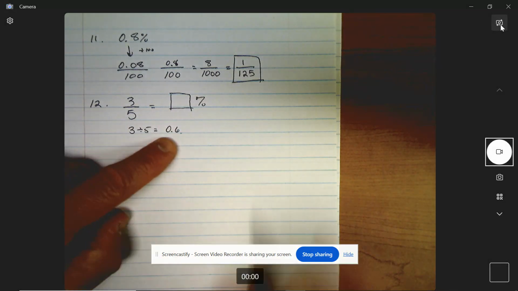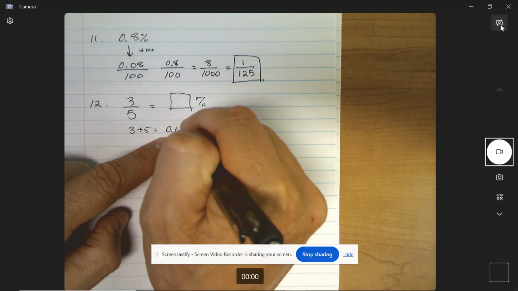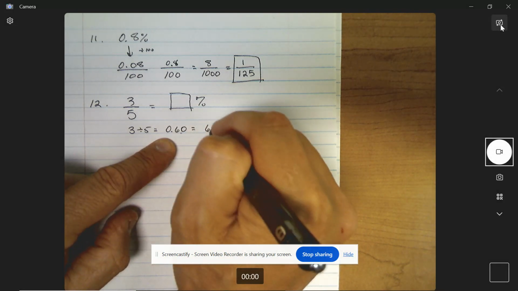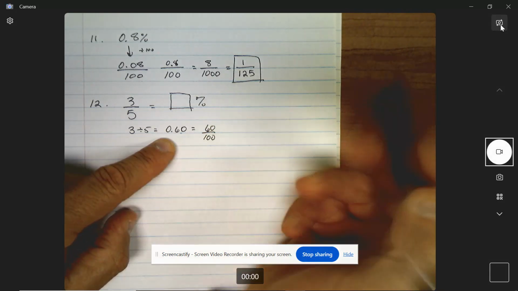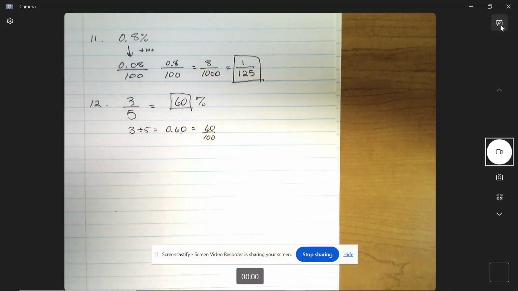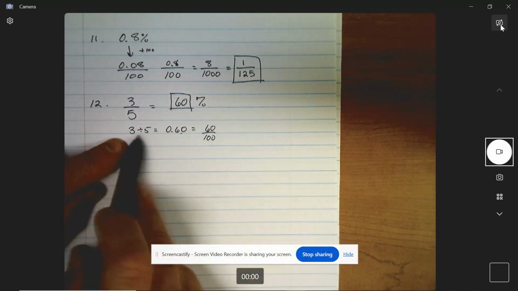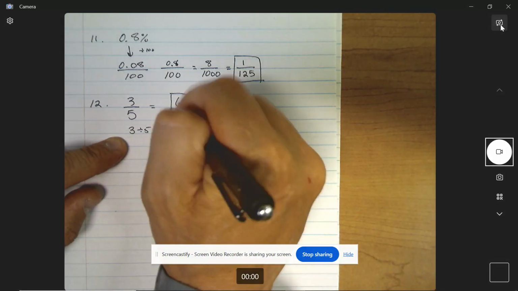Okay, so 0.6 would be the same thing as 60 over 100, which would be 60%. So you could just take that times 100, and that's going to give you your percent.